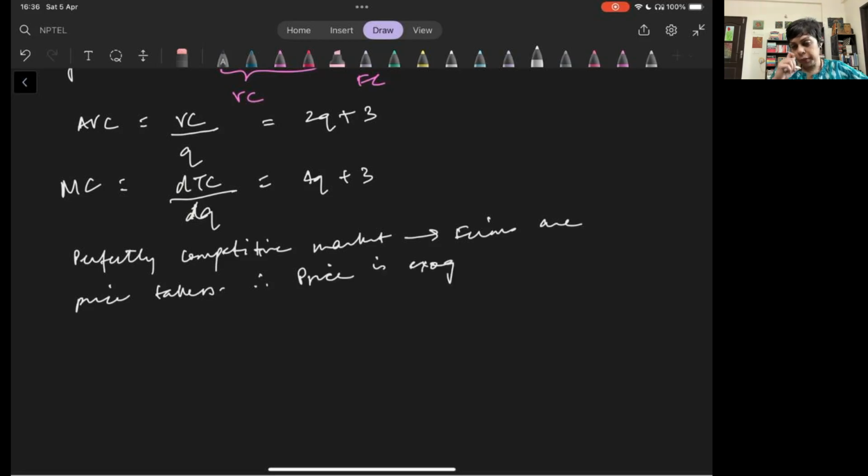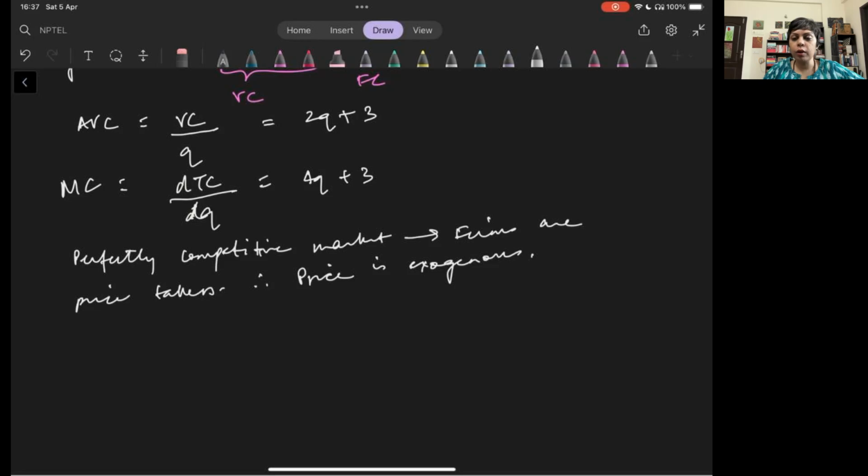This is important because we will come to competition and monopolies and oligopolies and game theory. I don't think we do too much of game theory, but a little bit of competition, in which case the firms have the freedom to set their own prices. That changes the dynamics, which we are not talking about right now.